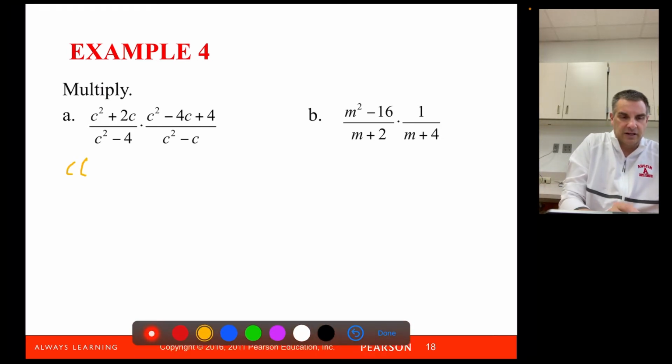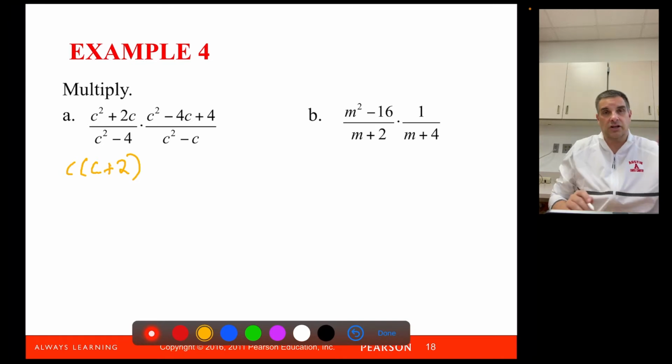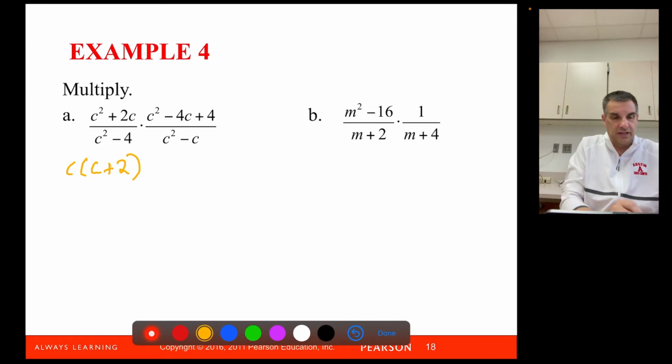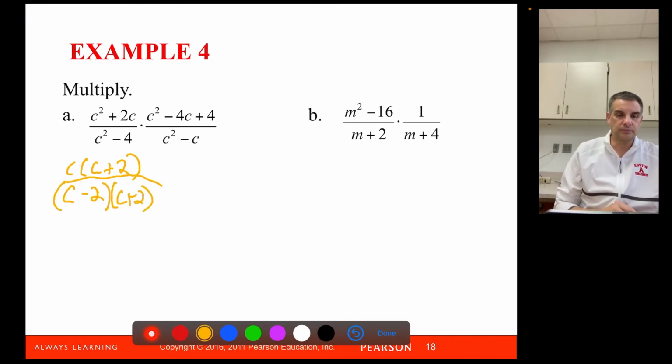That leaves me with c plus 2. So I took care of that numerator. If I look at the denominator, c squared minus 4, it's a difference of squares. The square root of c squared is c, the square root of 4 is 2. So it's c minus 2, c plus 2.